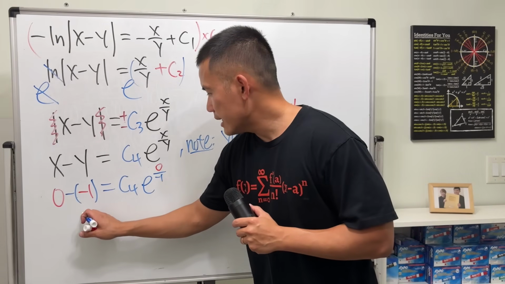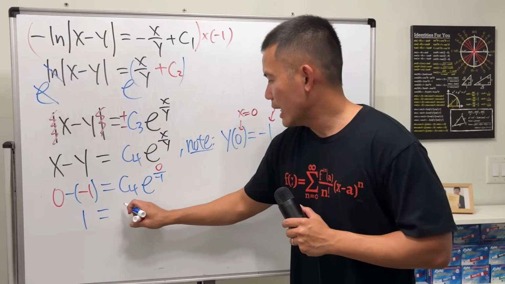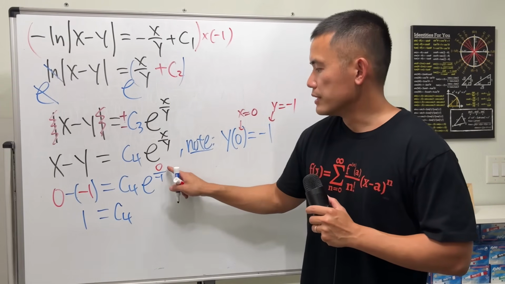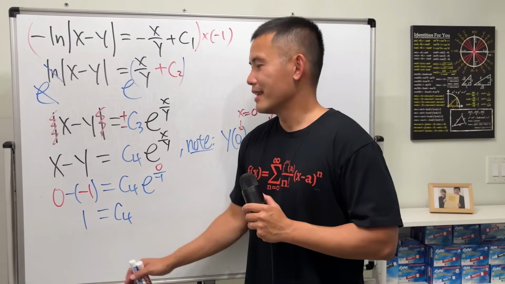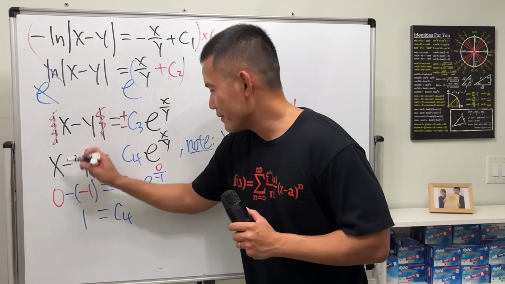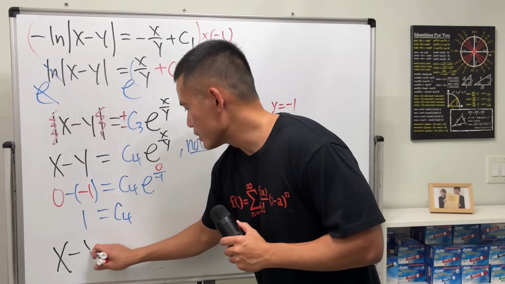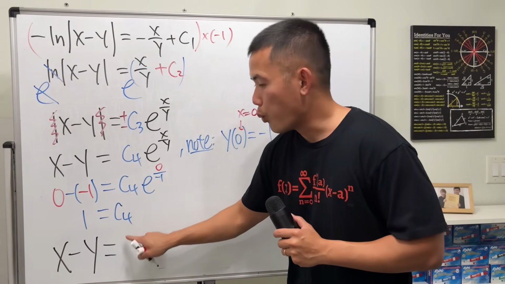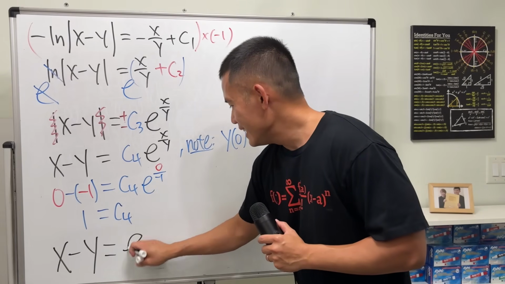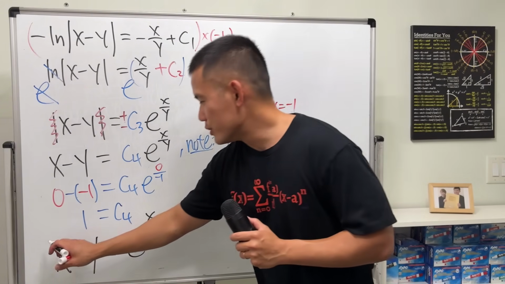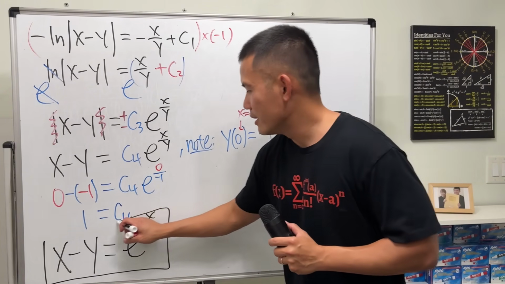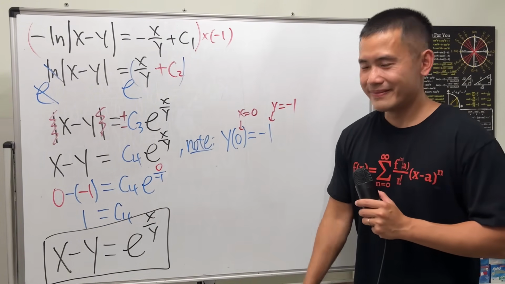So the left hand side is just 1, and e to the 0th power is just 1. So we see c4 is equal to 1. That means we have the equation x minus y is equal to 1 times e to the x over y. And this is the original equation that we started with. That's it.